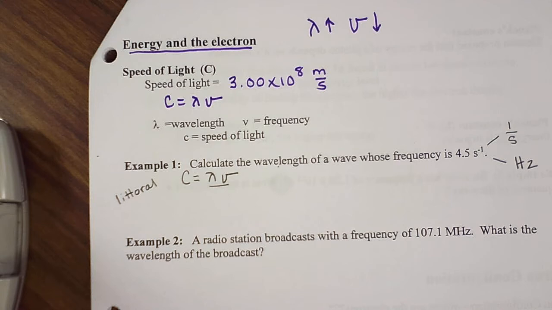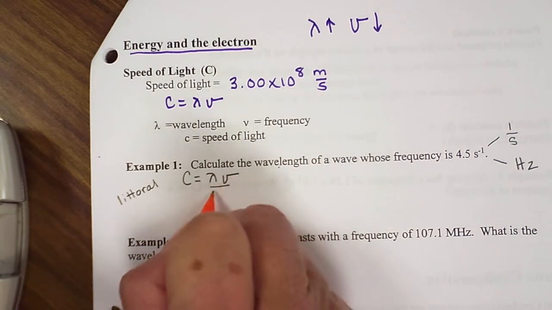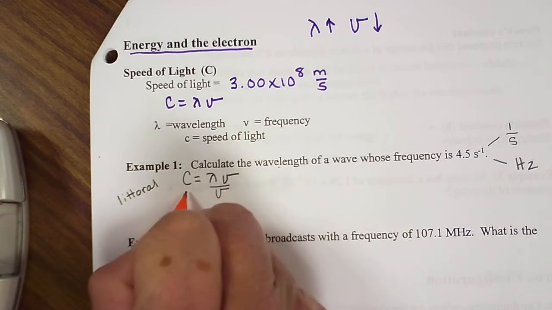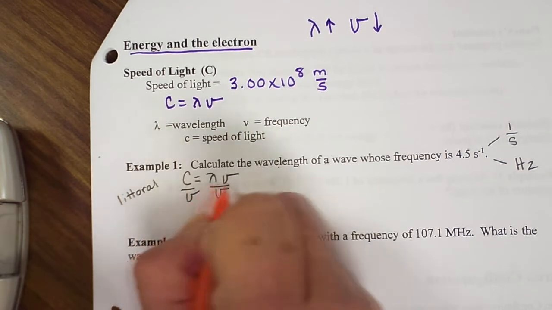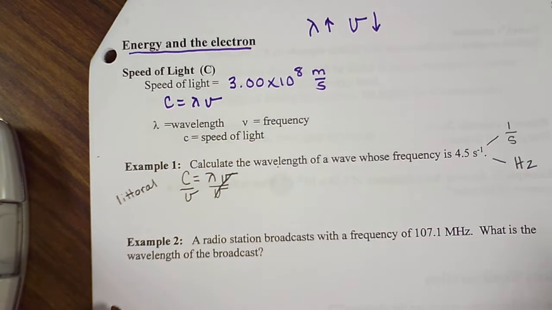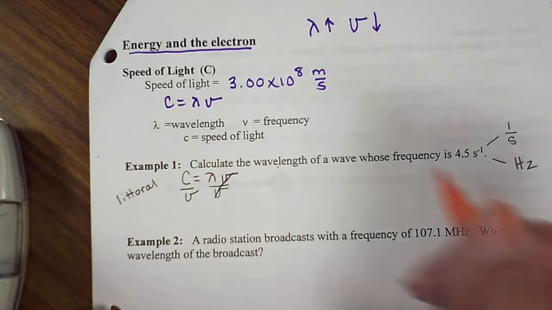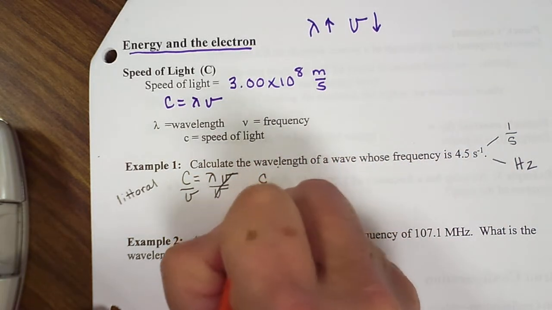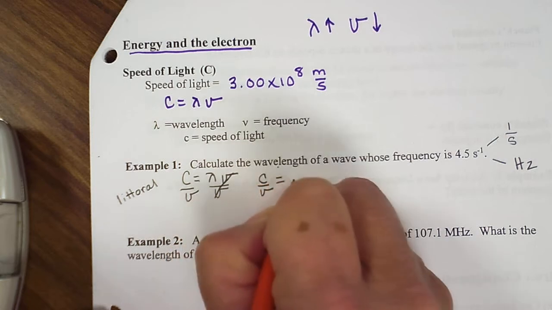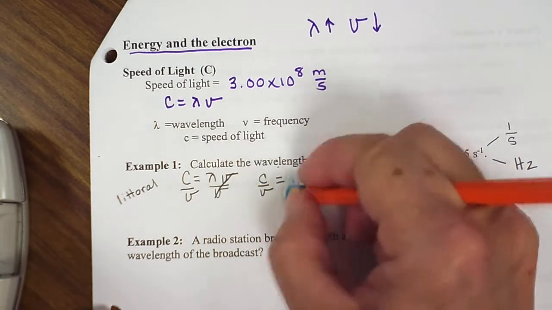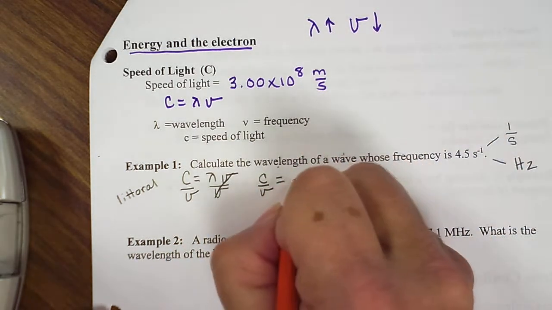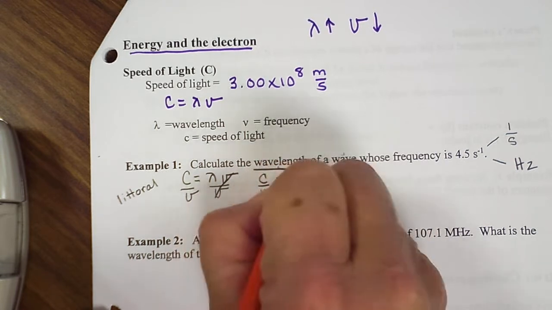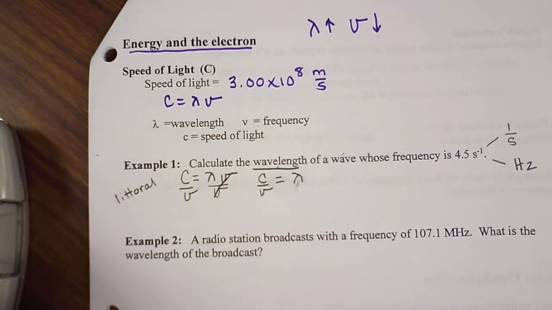So I'm going to divide both sides by nu, and I cancel the nu on that side. What I get is C over nu is equal to wavelength, which is nice because that is what I want to calculate.